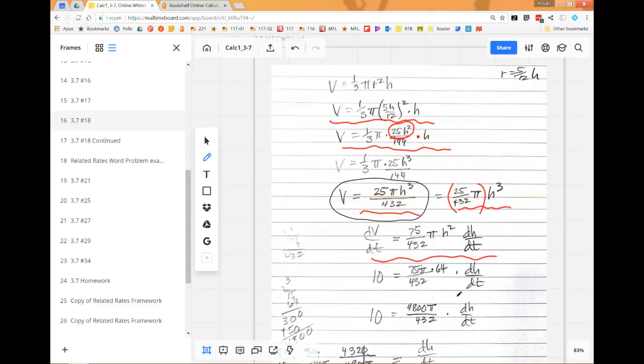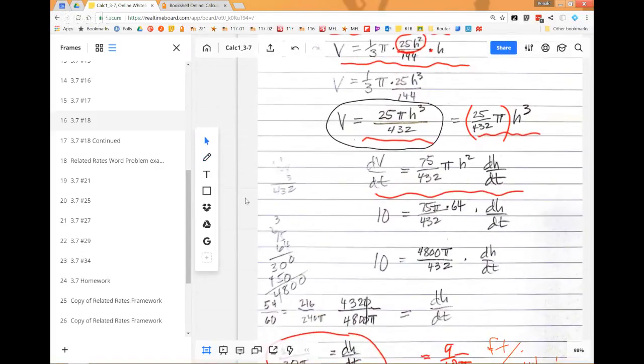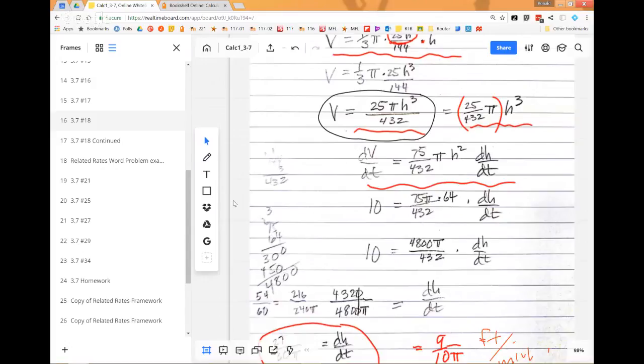Okay, so now it's finally time to do the chain rule on both sides. So we want to differentiate with respect to time. So on the left side, dV/dt. On the right side, we would do the power rule. 3 times 25 is 75.